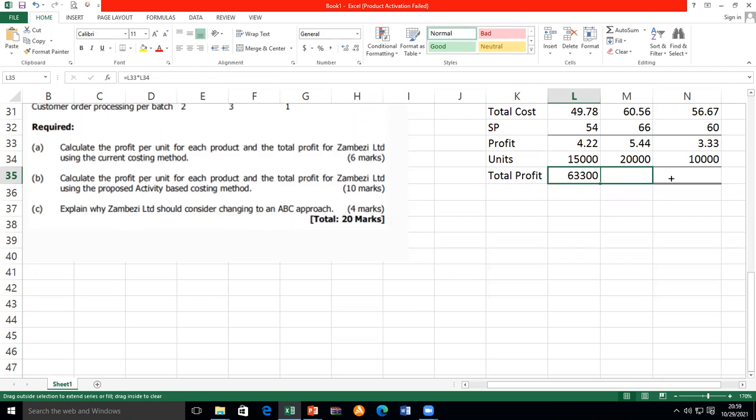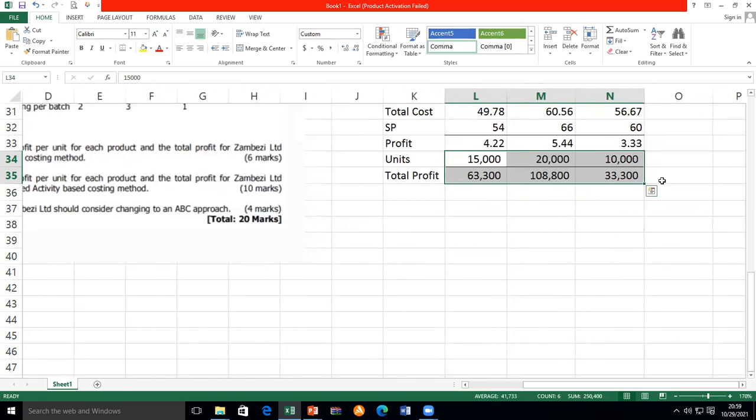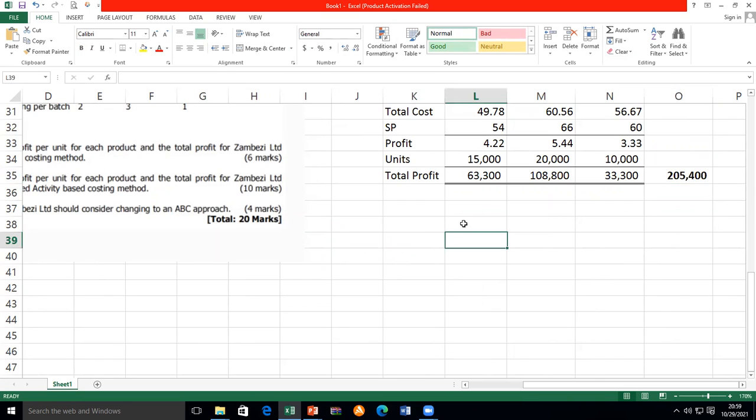So these are your total profits here. And for the whole company, you've got that. So this is the first bit.